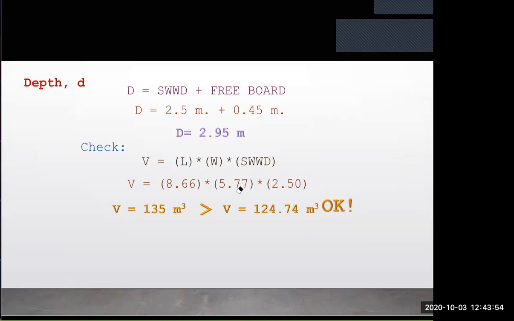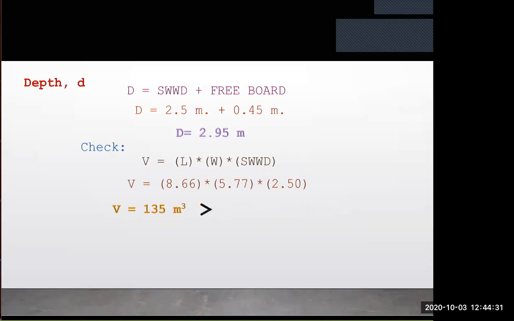Kailangan mong maglagay ng freeboard, that is 0.45. So D, or the total depth, is equal to 2.95, and the volume, okay, we need to check. It should be greater than the volume that is now computed a while ago. So that, again, pagka nagkaroon ng additional discharge, you can accommodate them. So 8.66 multiplied by 5.77 by 2.5 will now give you 135.